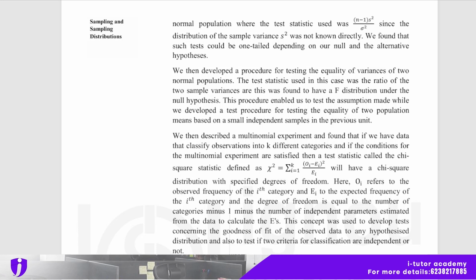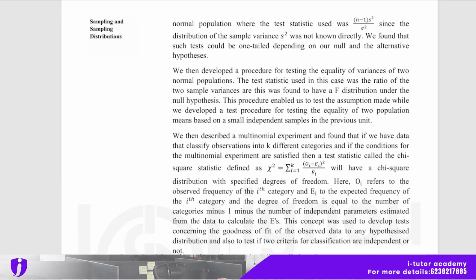and if the conditions for the multinomial experiment are satisfied, then a test statistic called the chi-square statistic, defined as chi-square equals the sum of (Oi minus Ei) squared over Ei, will have a chi-square distribution with a specified degrees of freedom.